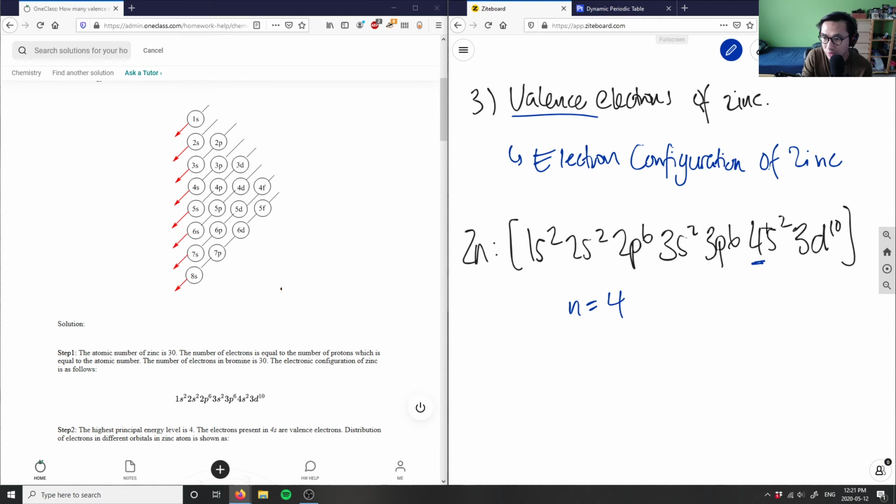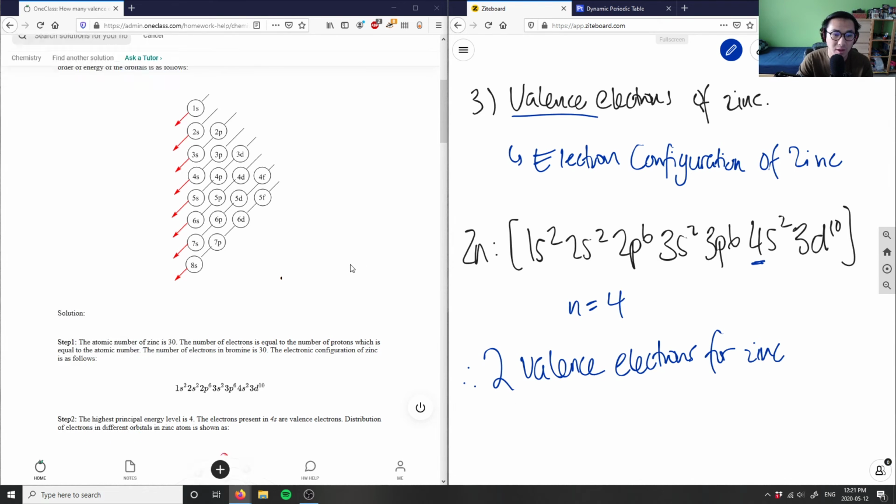So 4s2 means I have 2 s electrons, so I have 2 valence electrons for zinc, because my principal quantum number is 4, that's the highest energy level for zinc, and in that energy level I have 2 electrons. So 2 valence electrons for zinc is my answer here.